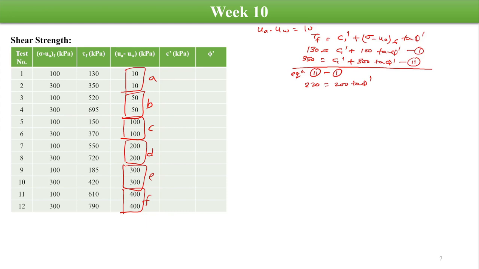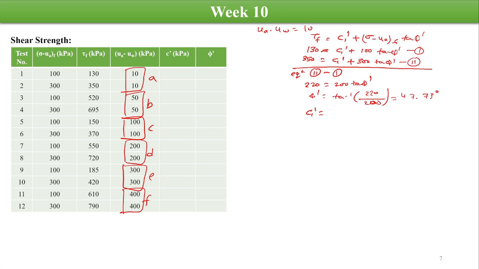So the value of phi dash will be equal to tan inverse of 220 upon 200. That will come out to be 47.73 degrees.